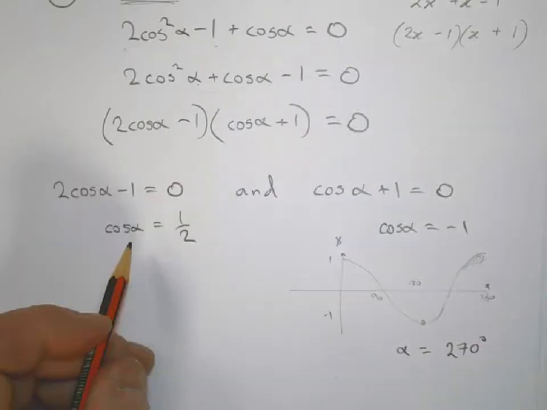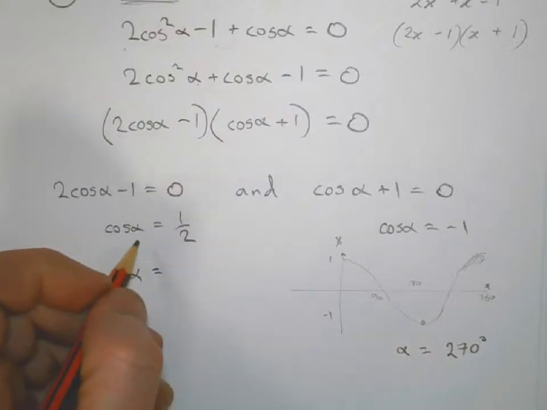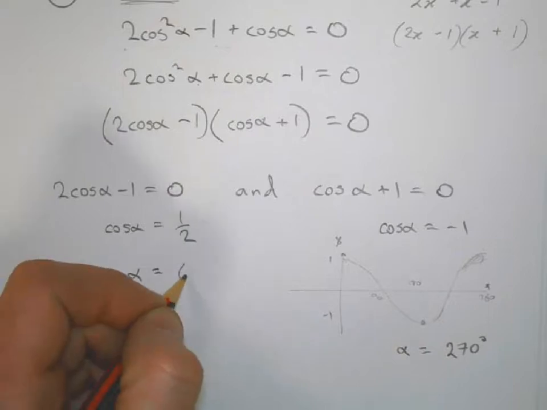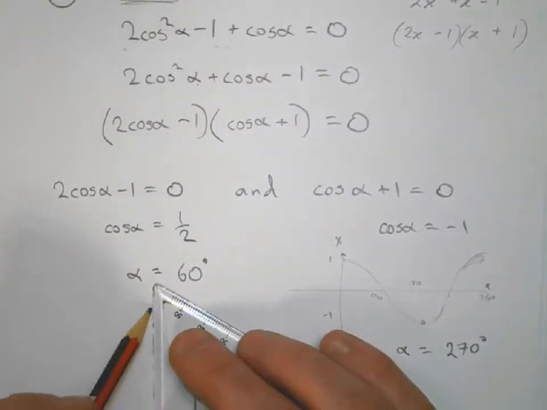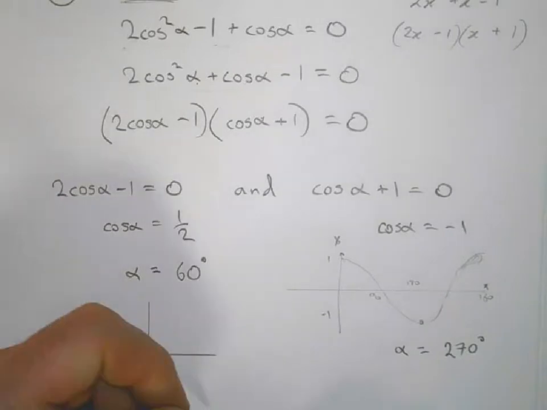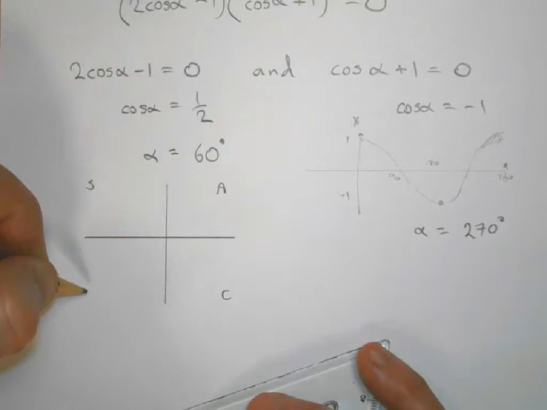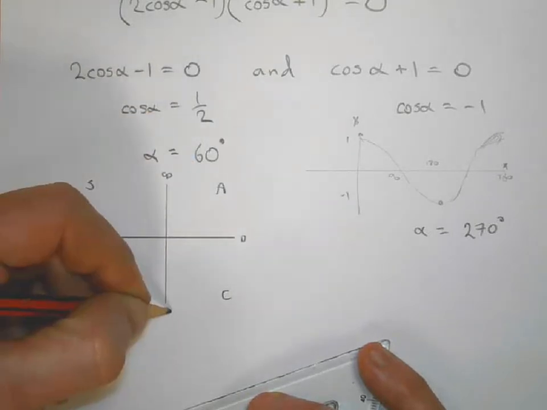Over here, again, the associated angle with this is going to be the inverse cos of a half, and that will give you 60 degrees. But again, because the domain is between 0 and 360, we're going to have a few different possibilities here. So there's my CAST diagram: 0, 90, 180, and 270.